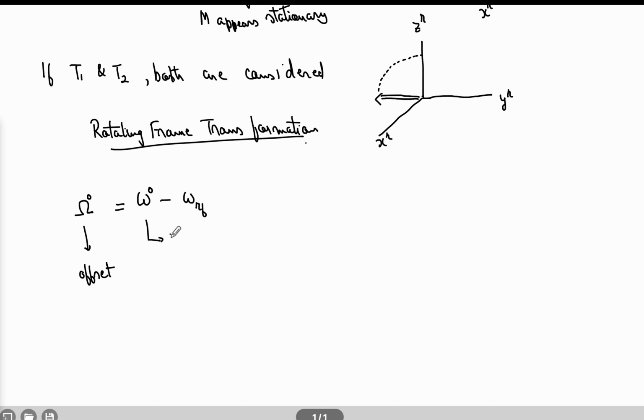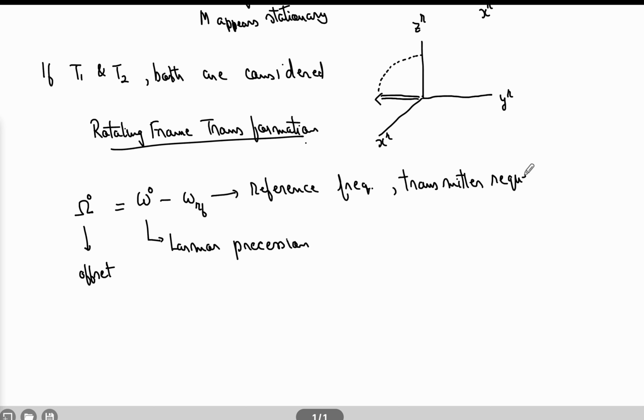This is the original Larmor frequency, Larmor precession. And this is called as reference frequency. There are several names to this. This is called as reference frequency, also called as transmitter frequency, and we will see later on that receiver is also set at same frequency, so it can also be called as receiver frequency. Or it can also be called as carrier frequency.